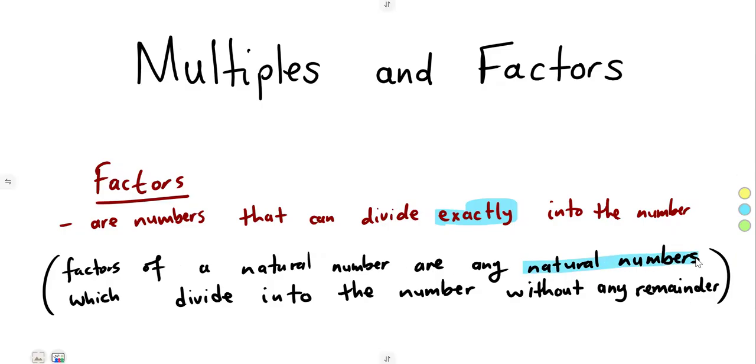Factors of a natural number are any natural numbers. Remember, natural numbers are counting numbers 1, 2, 3, and so on. So any natural numbers which divide into the given natural number without any remainder.